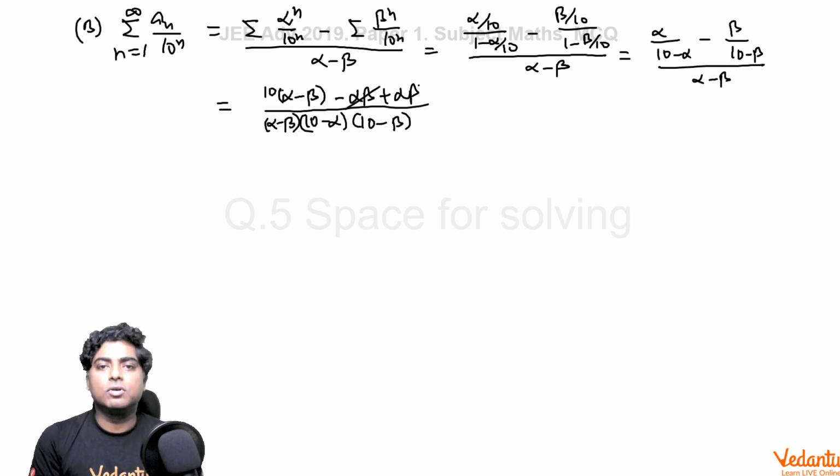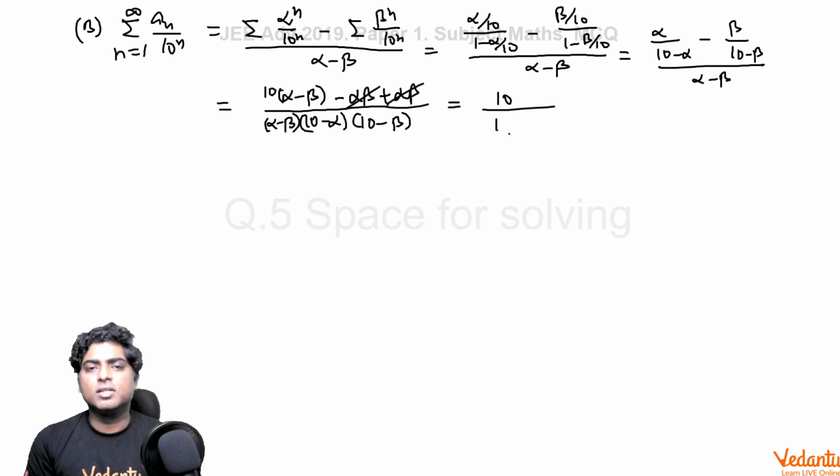So these two got cancelled, and alpha minus beta will also be cancelled from numerator and denominator. In numerator you will get only 10, and in denominator if you open it, or using the factor theorem we can say that it is nothing but p of 10, isn't it?